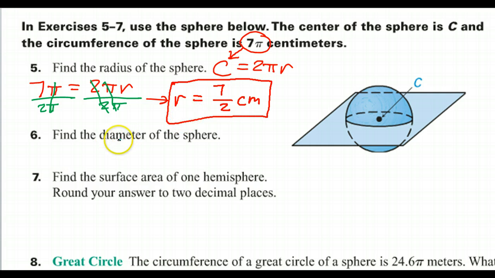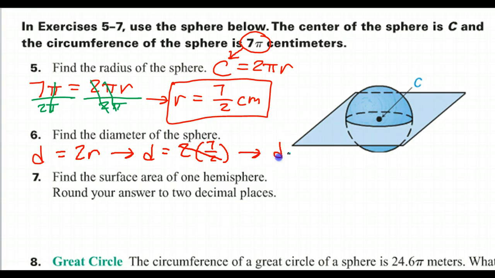Now, find the diameter of the sphere. Well, we know that the diameter is going to be double the radius. So that means the diameter is going to equal 2 times 7 over 2. These 2's would cancel out, so that means that the diameter is 7. So that's it. The diameter is 7 centimeters.